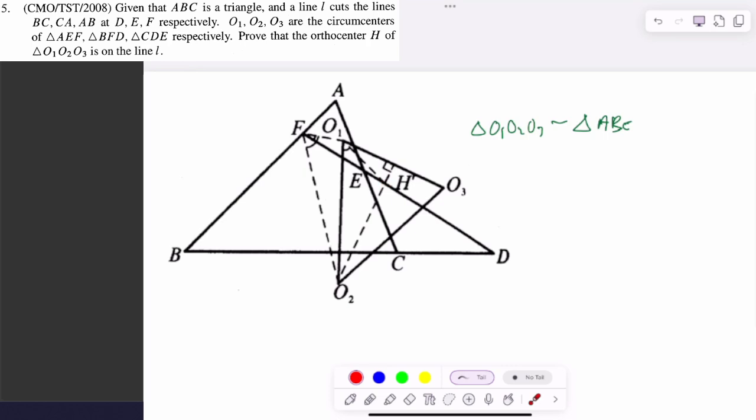So if you draw these lines here and here, you know that O1 is the circumcenter of this triangle, and hence this angle by definition is 90 degrees minus angle A. So you write it down, angle O1FH is 90 degrees minus angle A.